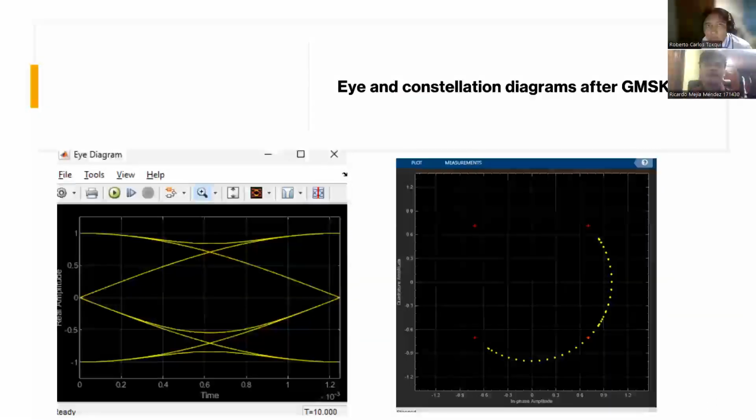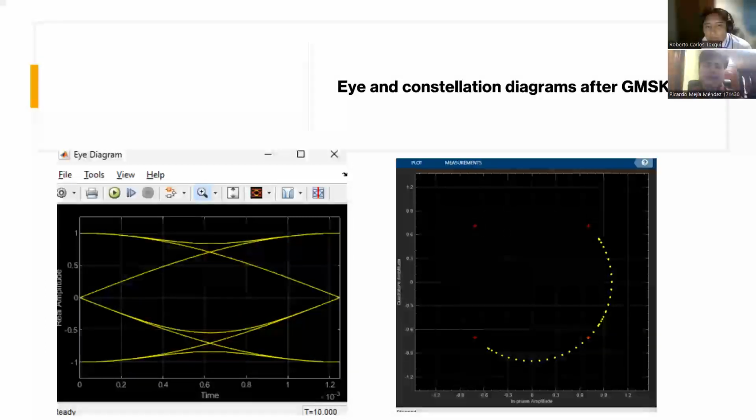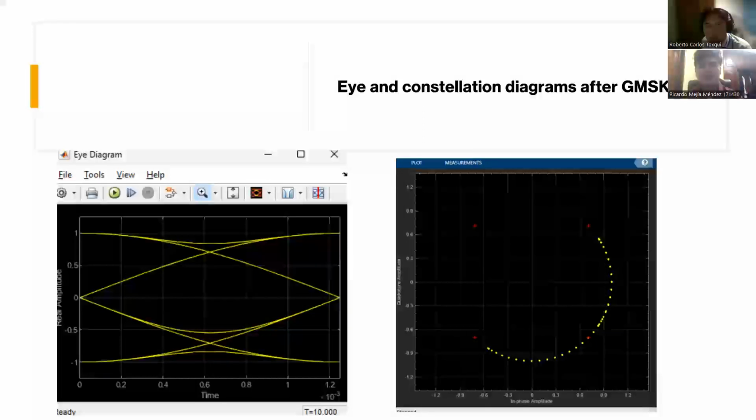When we reach the fourth block in our diagram, we have a GMSK modulator, which was used to modulate the bit sequence that comes out from the third block using the Gaussian minimum shift keying modulation technique. This modulation is the most important part of our GSM system, since it is one of the characteristics of the signal and is modulated in this format.